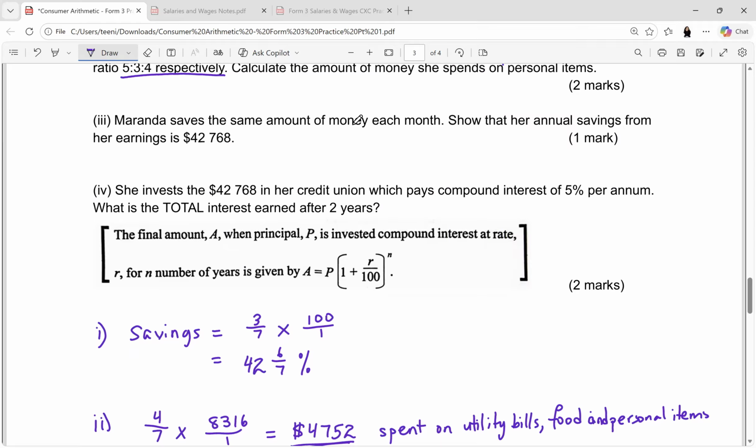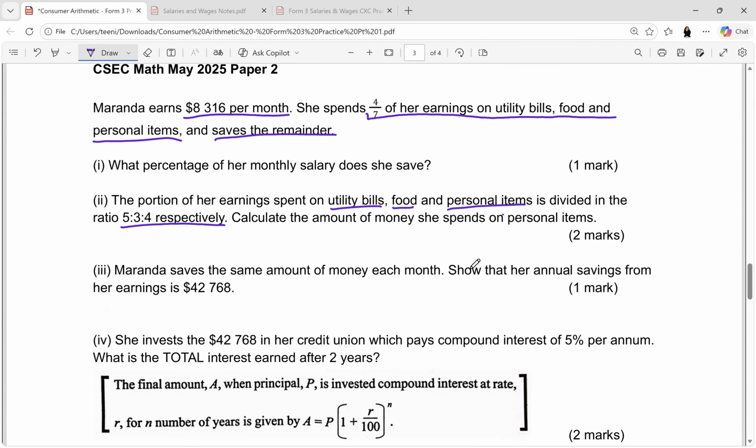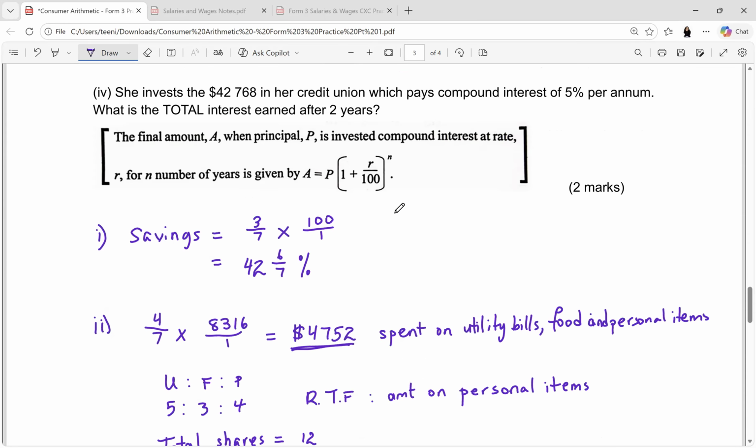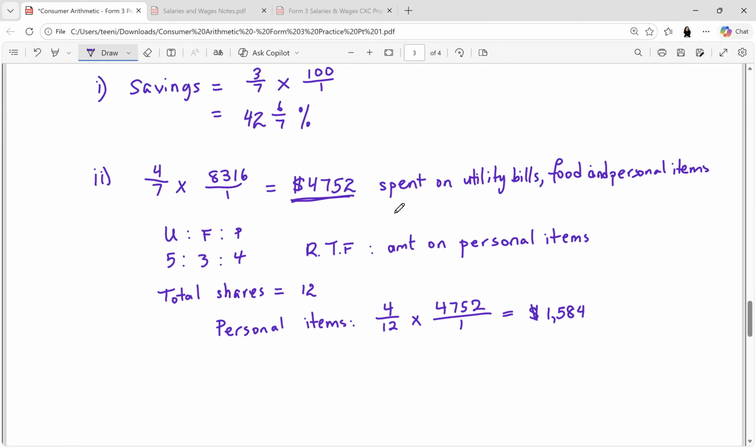By doing what? If you know the amount she saves in 1 month, how would you calculate the amount that she saves in a whole year? We'll multiply by 12. But first thing that we need to do is to find out the amount of money she saves per month, right? So there are 2 ways to do it.